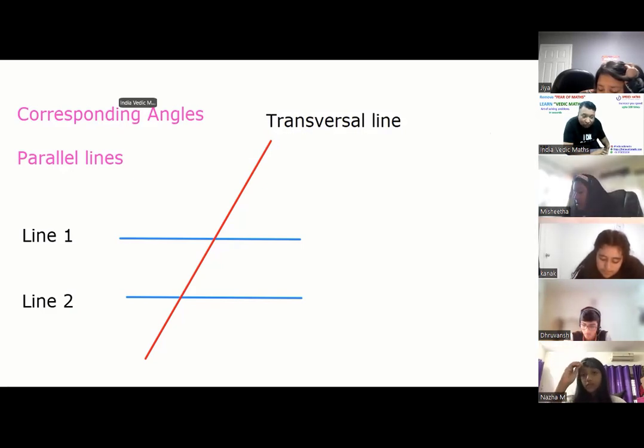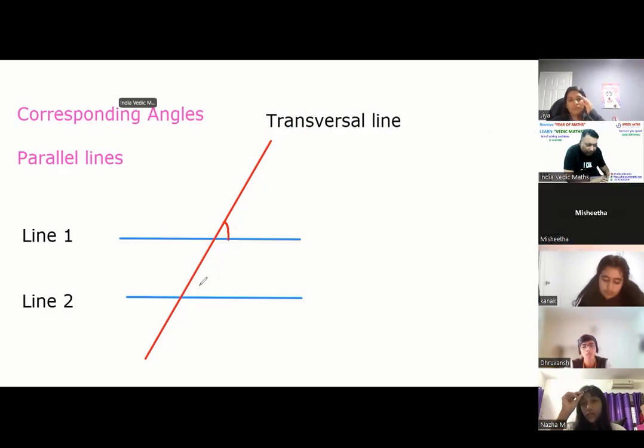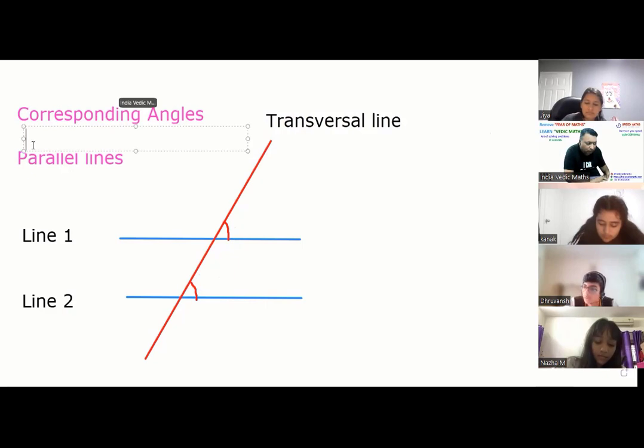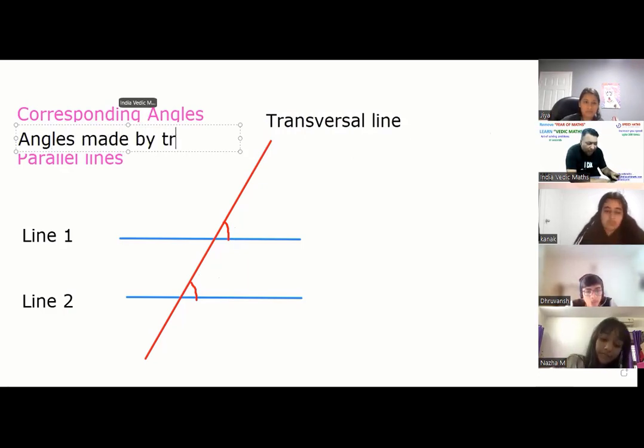I am going to ask you a lot of questions on this. Now, if I form one angle here, and if I form one angle there, how to see the angle? Write down exactly what I am writing. Angle made by transversal line.